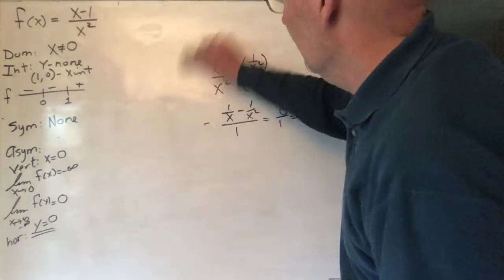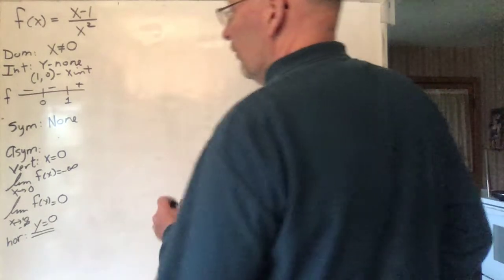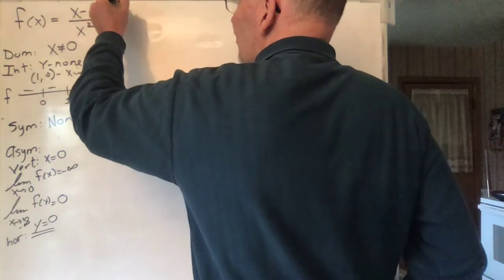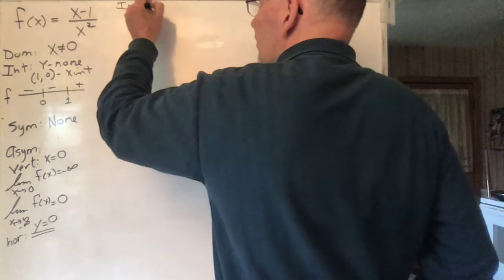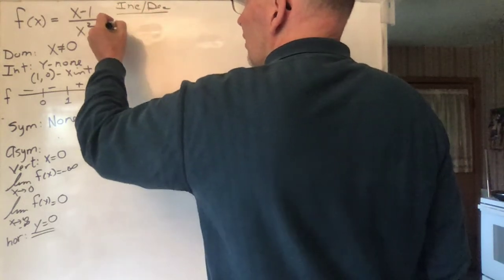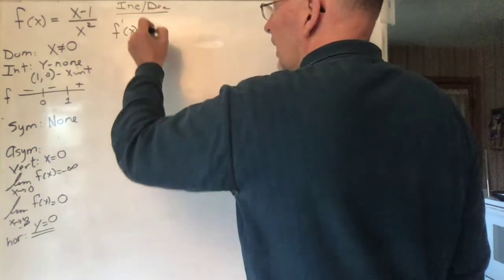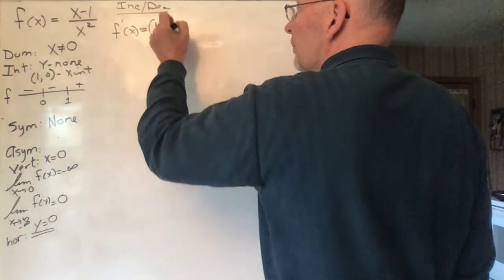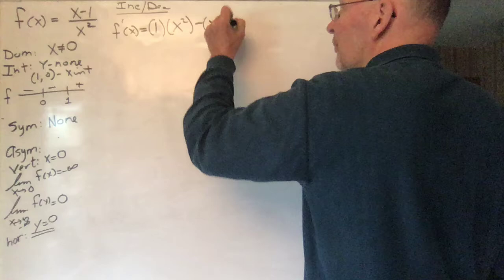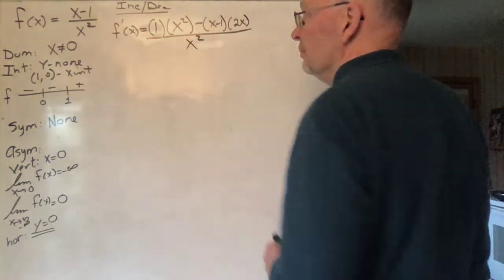Okay, see what we can do with limited board space here. Now we get into the more fun part. This is all the stuff, again, that doesn't require calculus. Now we want to know where it's increasing or decreasing. So we take the derivative: the derivative of the top times the bottom, minus the top times the derivative of the bottom, all over the bottom squared.